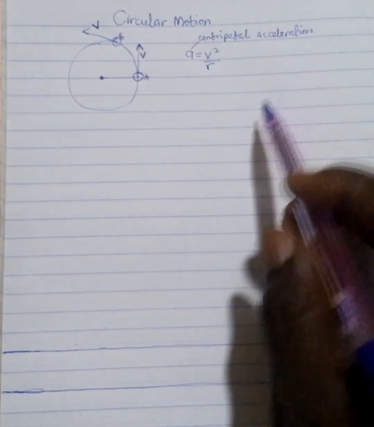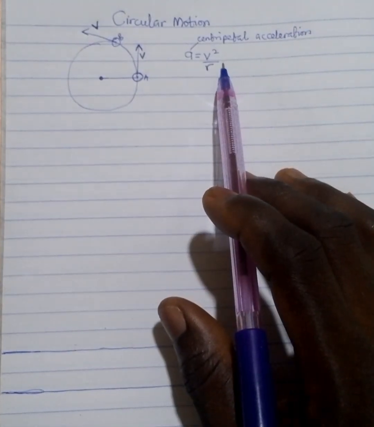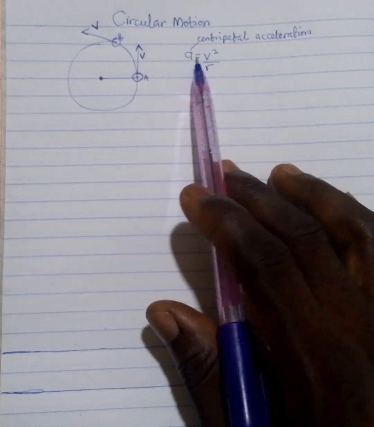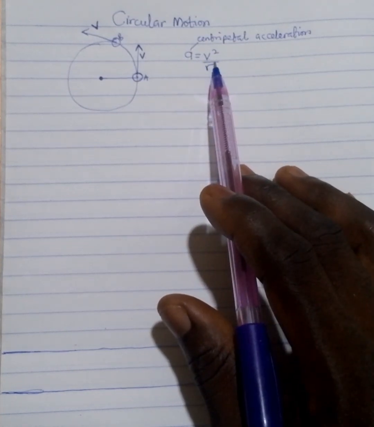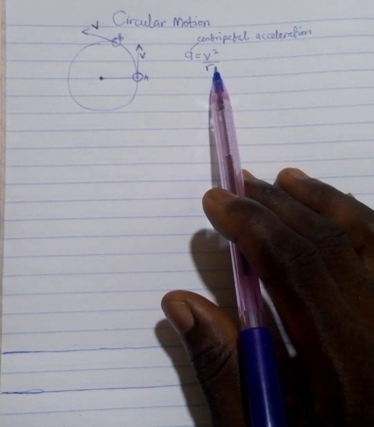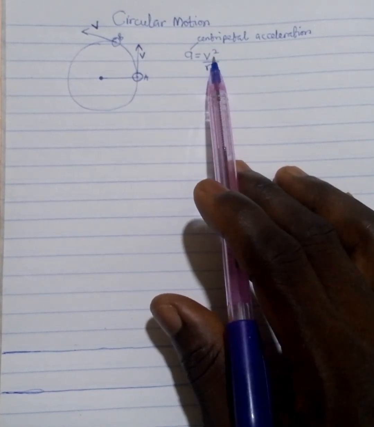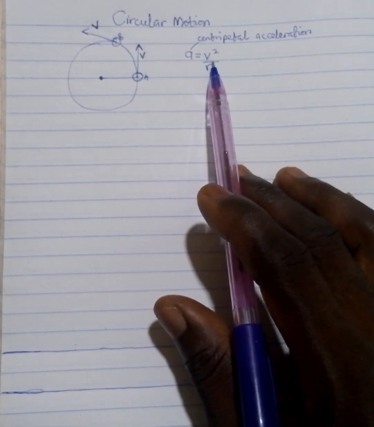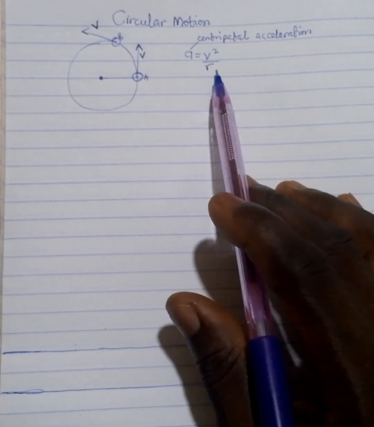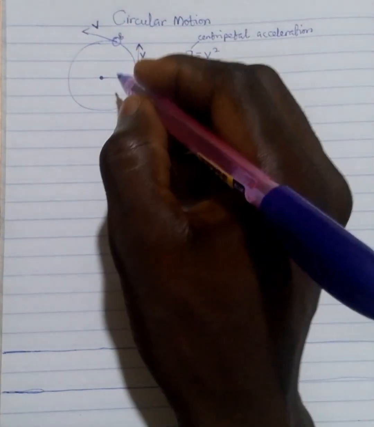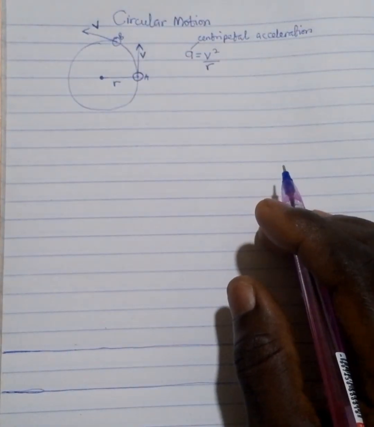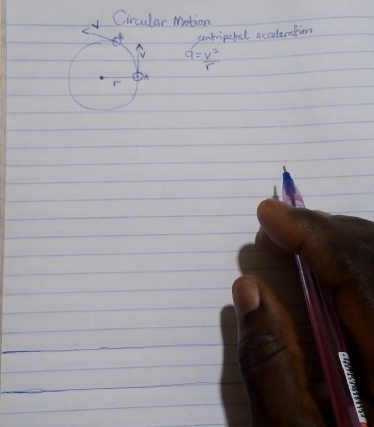And if we are to calculate it, the magnitude of the acceleration is equal to v squared divided by r. That is the square of the velocity or speed divided by the radius of the circular path. This is the radius of the circular path.